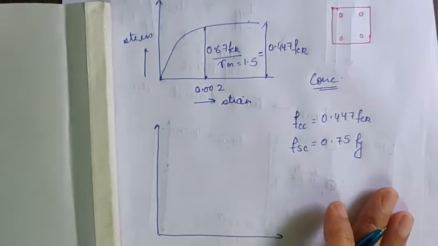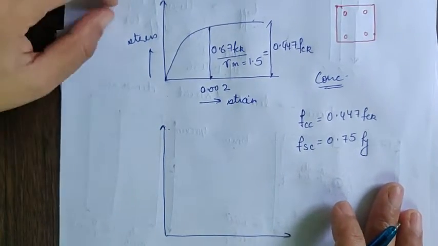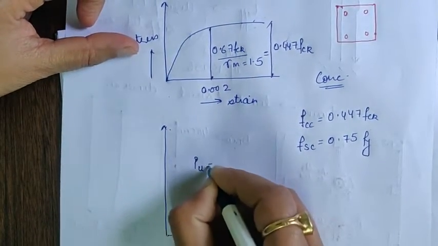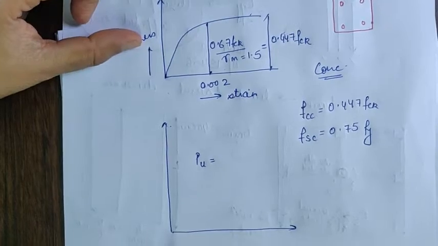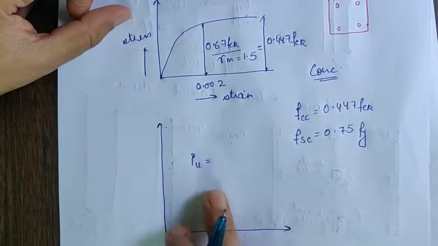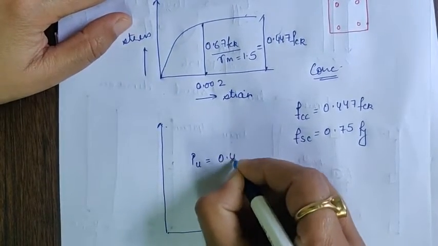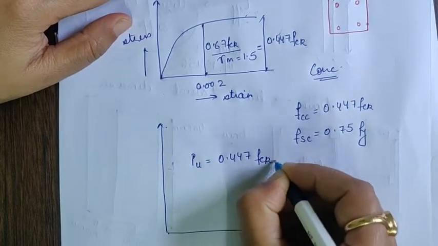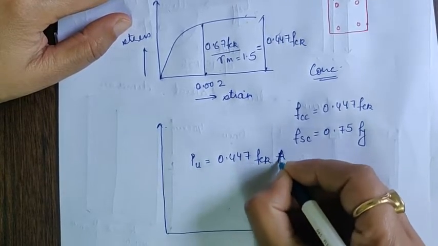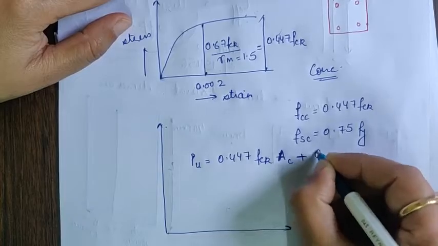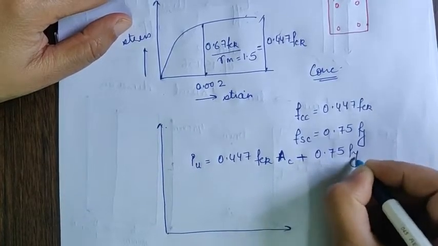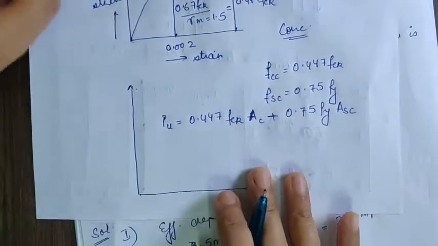Is it okay? Clear? So if I put all these values, the ultimate load that can be taken by an RCC column will be 0.447 FCK AC plus 0.75 FY into ASC.